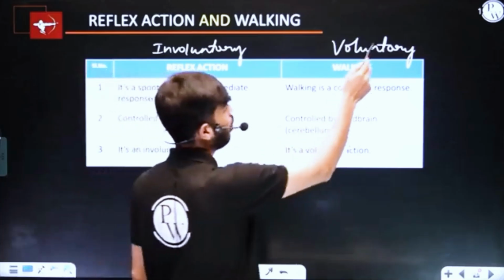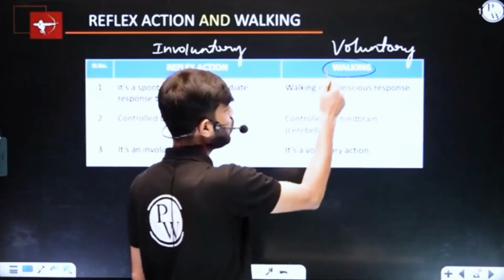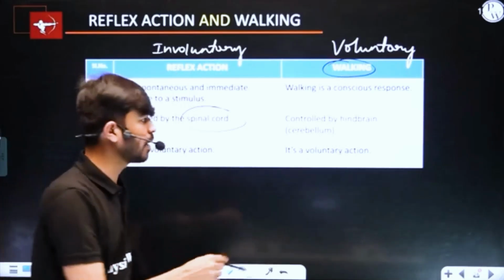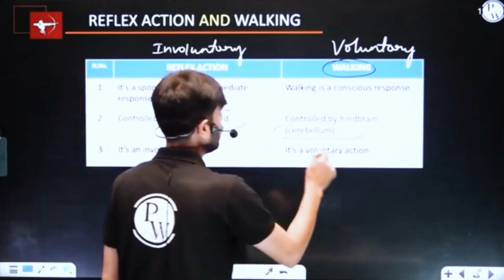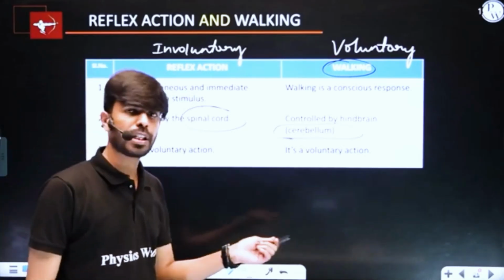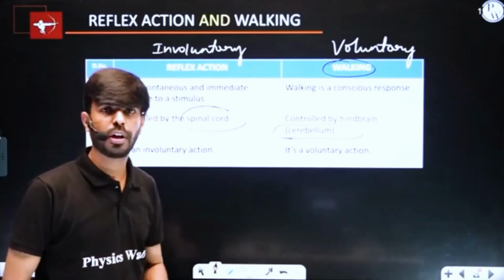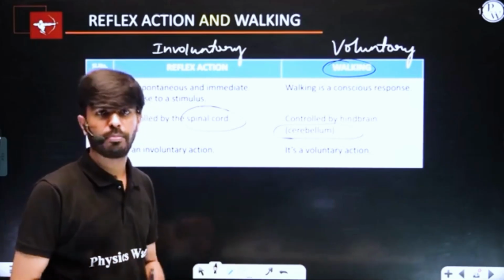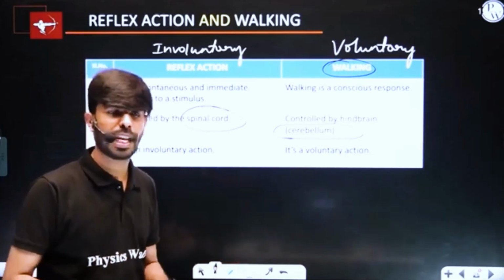Next, voluntary and walking. Walking is controlled by a part of the hindbrain called the cerebellum. As I said, the cerebellum is the second largest part of the brain, and it is a part of the hindbrain, controlling walking, running, and body balancing by bringing coordination between the various muscle activities.